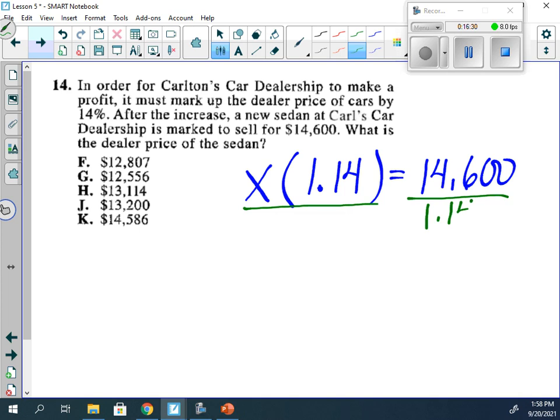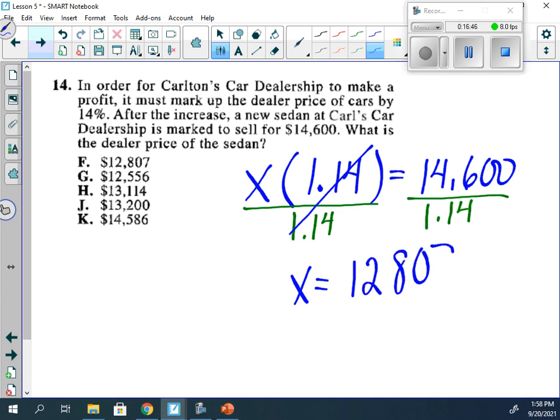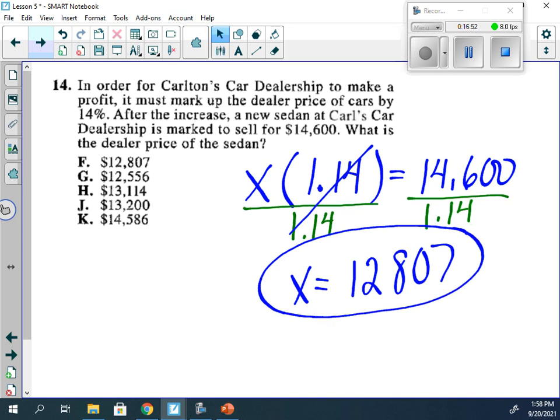Divide by 1.14. Well, these would cancel, telling us X is equal to what? So we would just say 12,807. We just plug it in and get the answer.